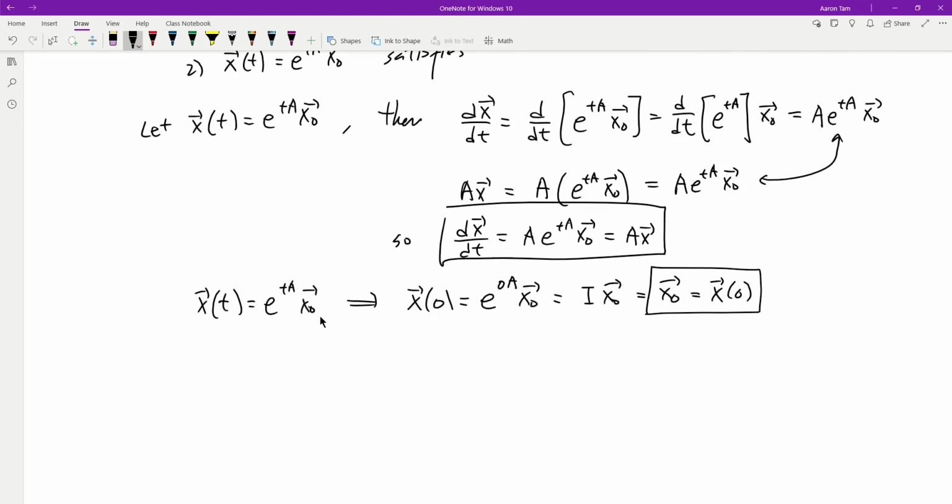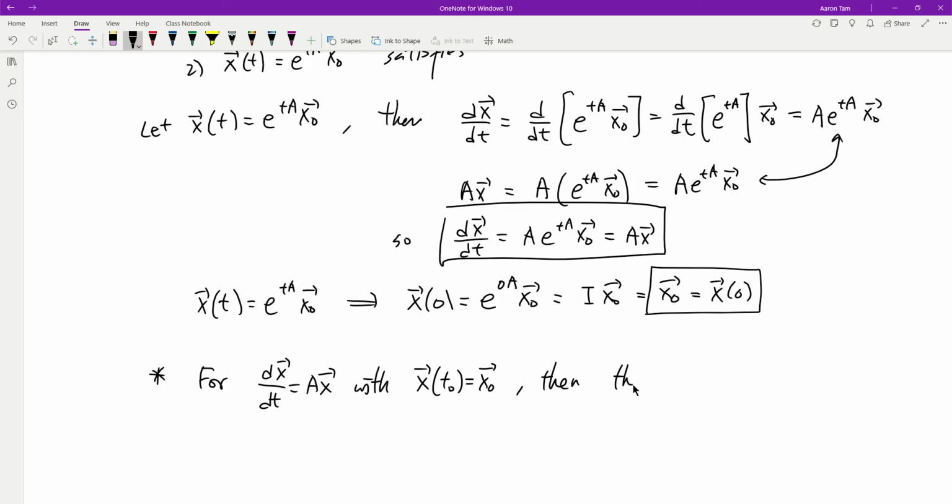Now, it's 29 minutes, so I'm going to just say one more thing, and that would be it for today's video. What if your initial condition is not at t equal to 0? So for an initial value problem, in this case, where t sub 0 may not be equal to 0, then the solution is simple.